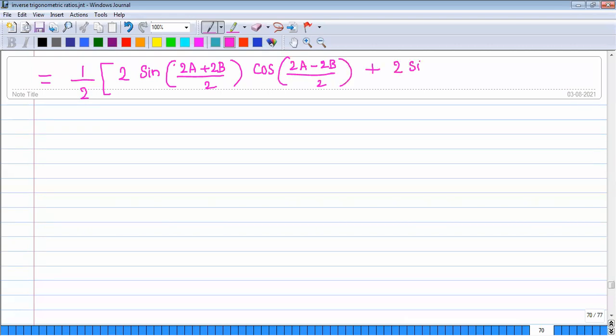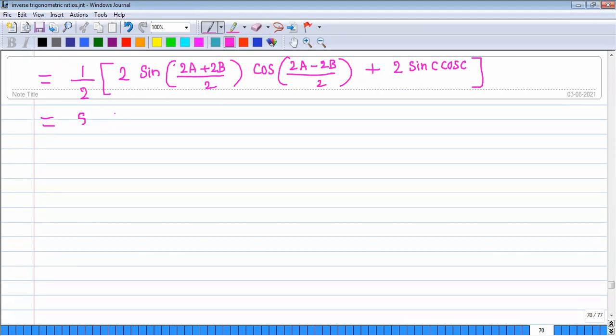Again you write down 2 sin c cos c, because in order to take common out. You keep half as it is. You can take 2 common also. It's very simple. If you take 2 common out, what happens? 2 gets cancelled.